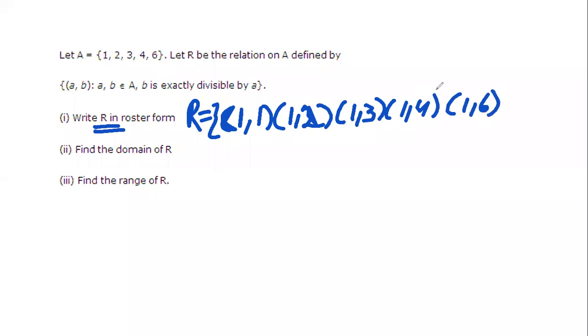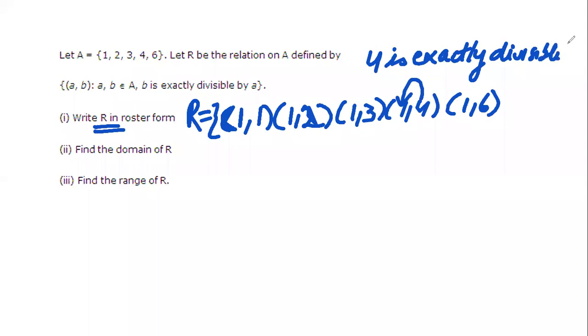Is it clear? Just write in the same pattern as in the relation, divisible by, so you can understand it properly. The number 1 divides every number. Okay, next one, anyone?